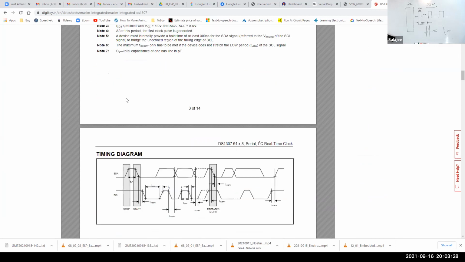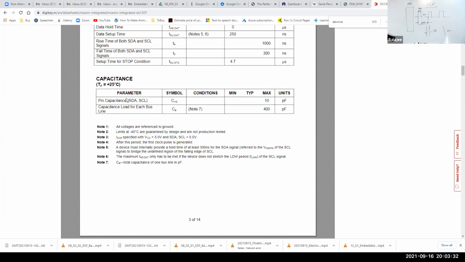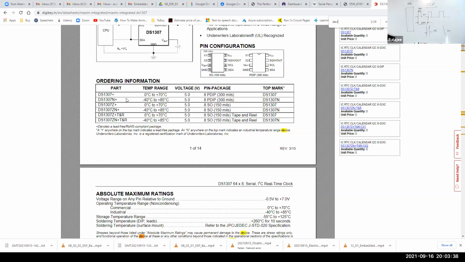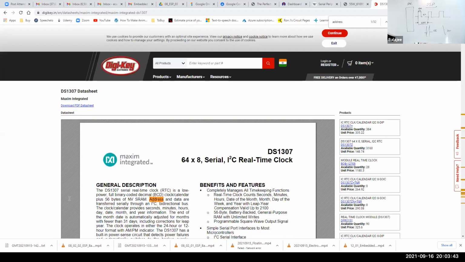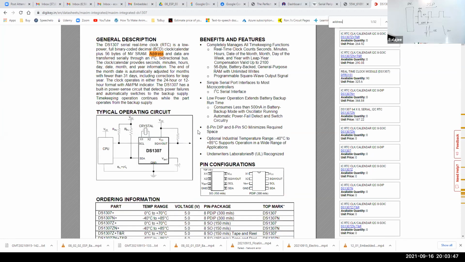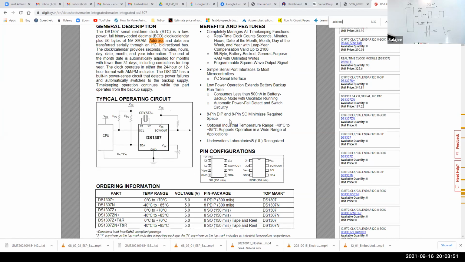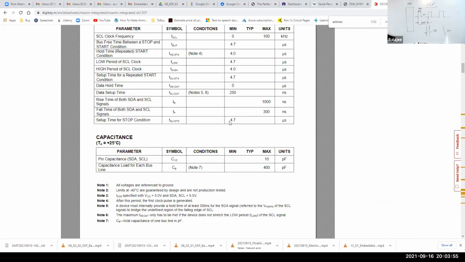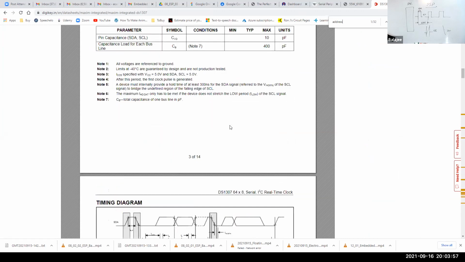One minute. Address, data. One minute. He'll mention that you should know the address. If you don't know the address, how are you able to talk to the chip?